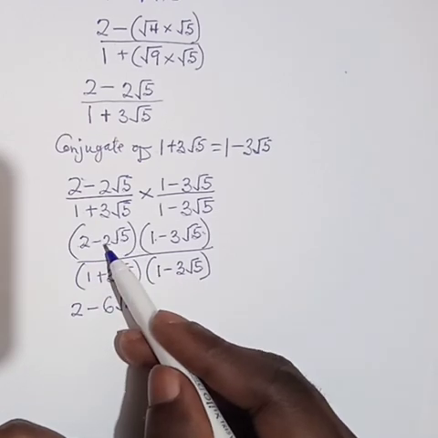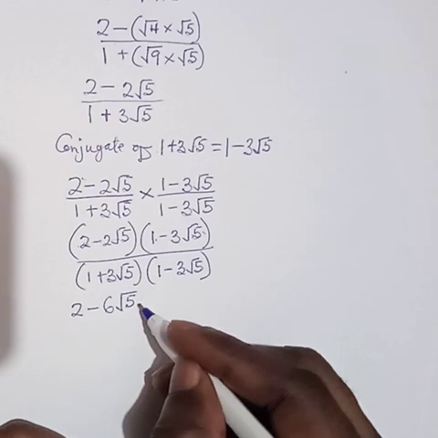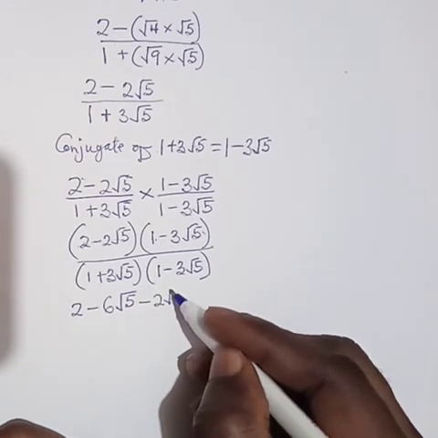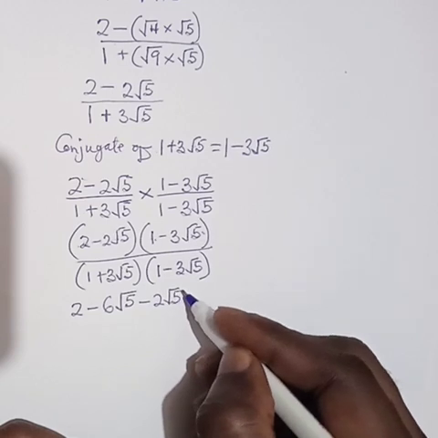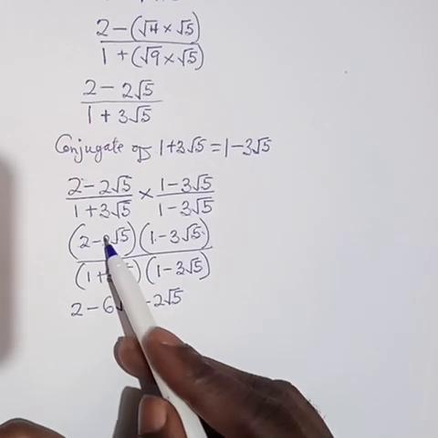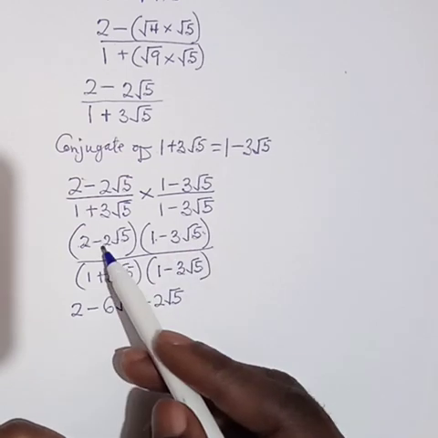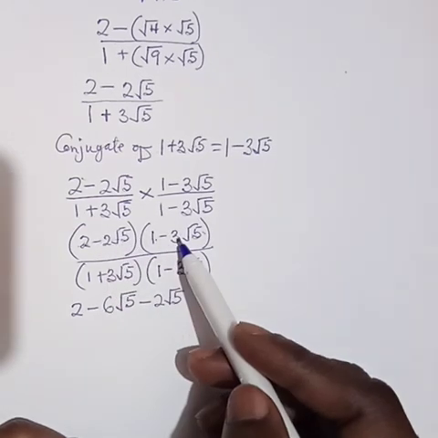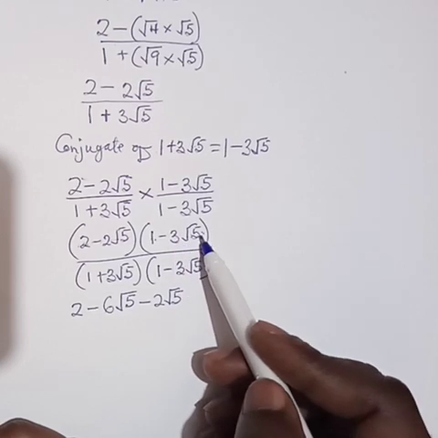All right, good. Now when I'm done with the 2, I will take this one also. Negative 2 root 5 times 1 will give me negative 2 root 5. Now I will multiply this also by this: negative 2 root 5 times negative 3 root 5.